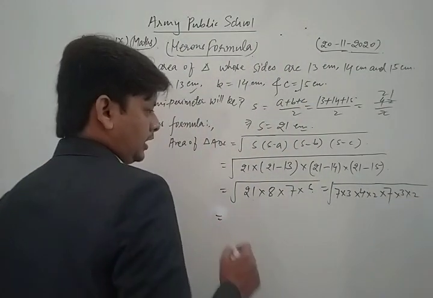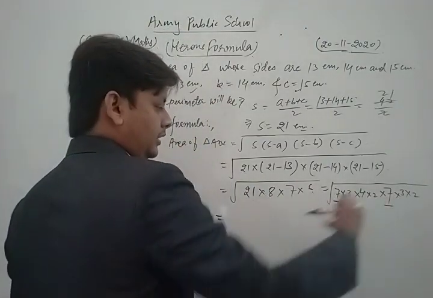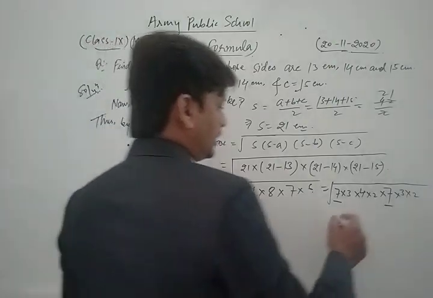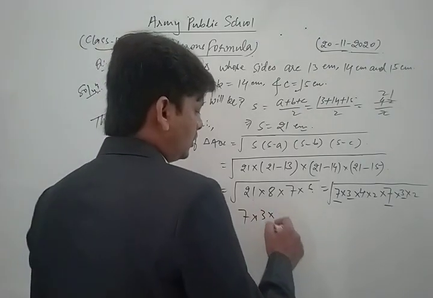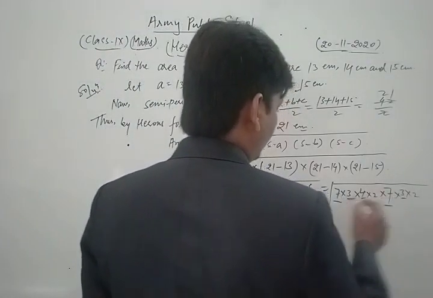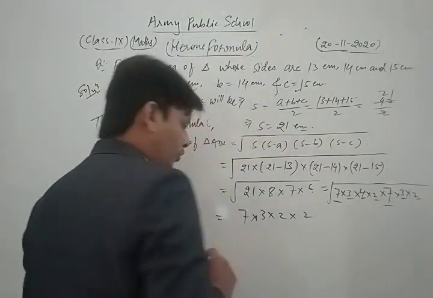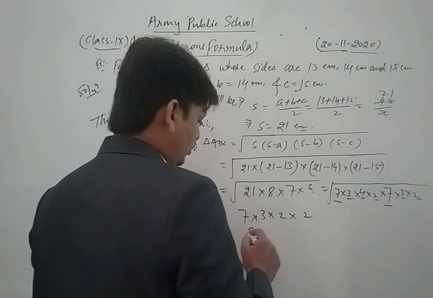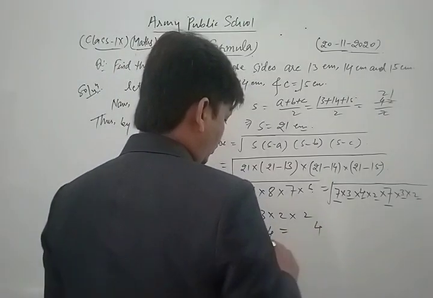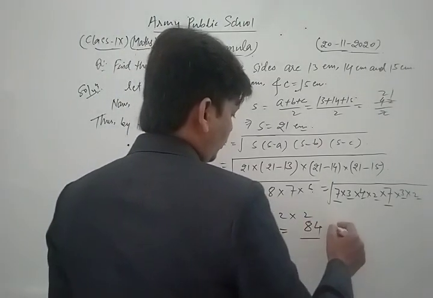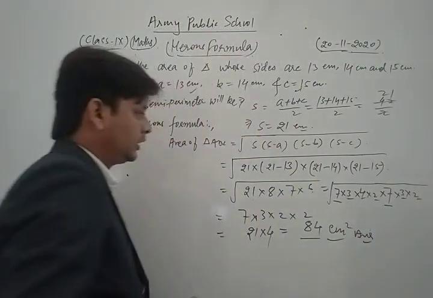Now, dear friends, 7 is in a pair under the root, so we take 7 common out of the root. Similarly, 3 is also in a pair, so 3 also comes out of the root. The square root of 4 is 2, and 2 is also in a pair, so 2 also comes out. Now we get 7 into 3 into 2 into 2, that is 21 into 4. Now we multiply them: 4 ones are 4, 4 twos are 8, so 84 centimeter square. This is our required solution of the given question.